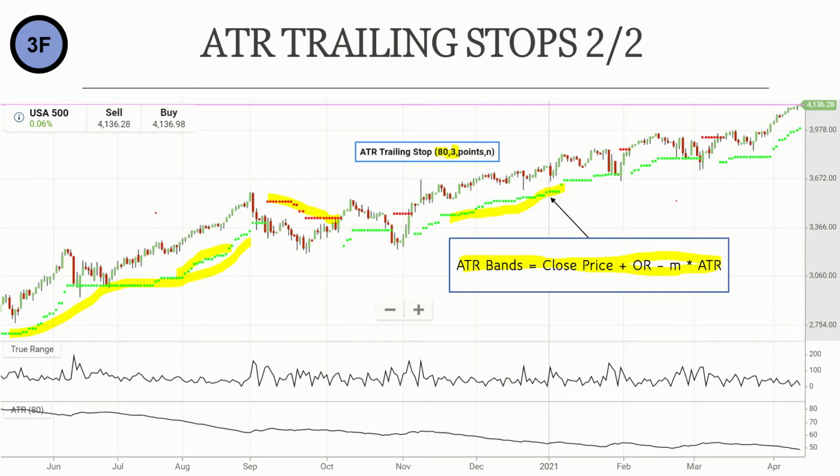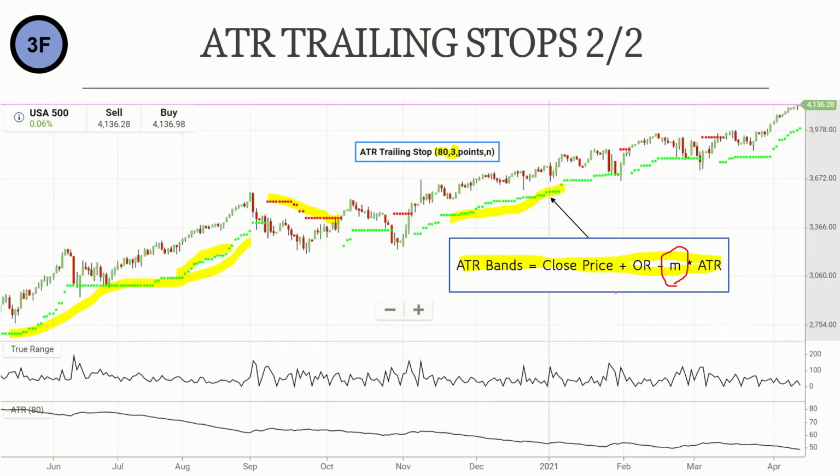Let's also have a look at the m parameter. m represents how far away from the candlesticks you want to put the trailing stop lines.